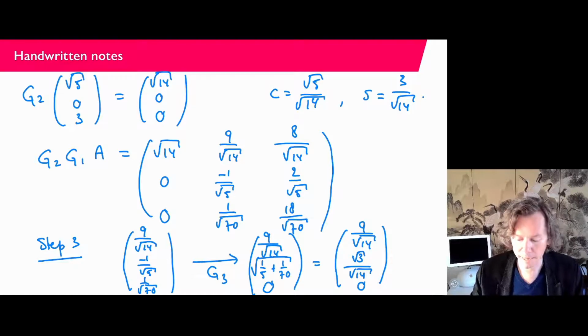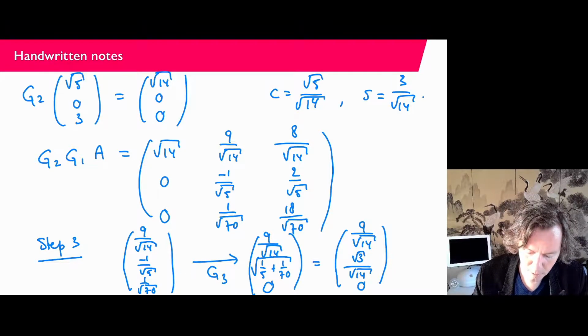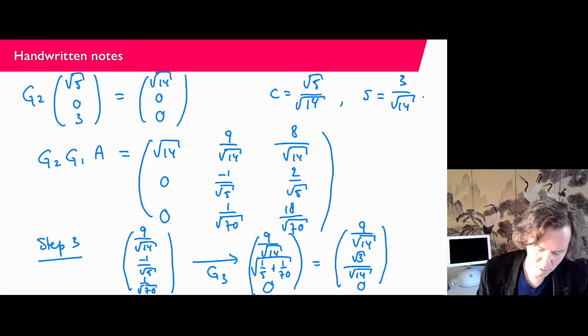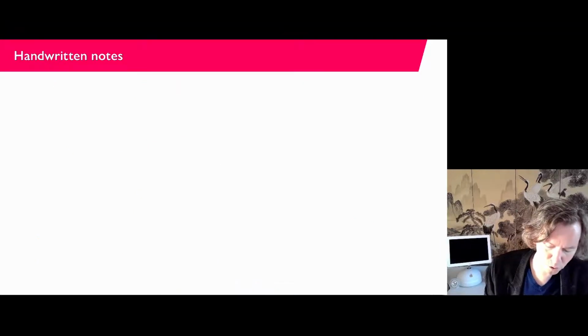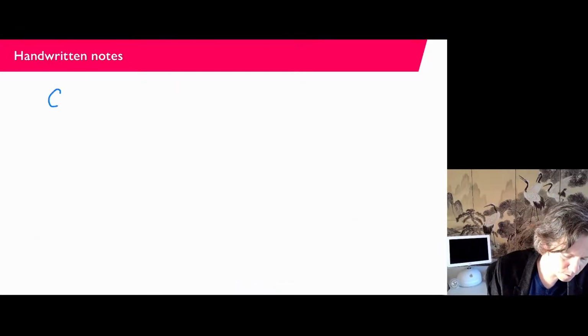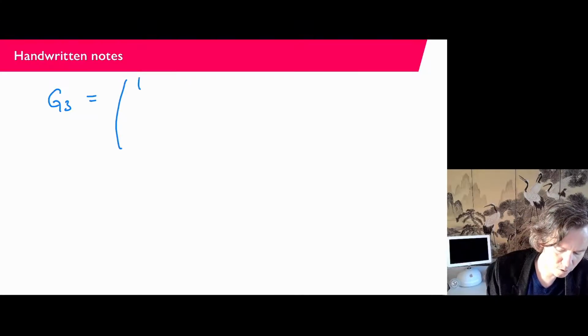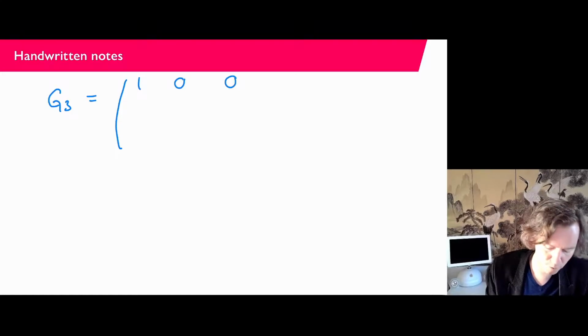And then the last step is that we are going to pick a G3, and G3 has the form. It's going to be a rotation in the 2, 3 plane, so it has this form.